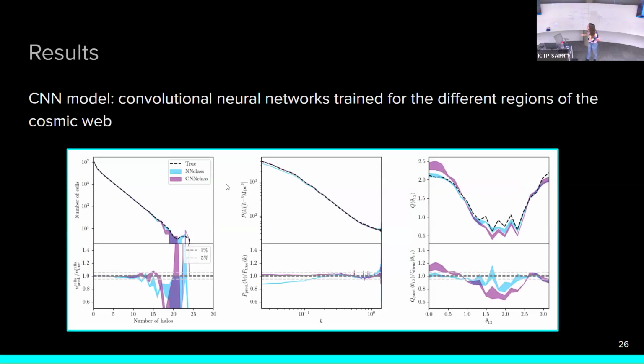And then this is just to compare. The purple line is this convolutional neural network combination, and the blue line is what we had before. So we see that for the power spectrum, the results are very good. They improve. These lines here are 5 and 1%, so it seems to be very accurate. However, when I see the bispectrum, it's much worse.